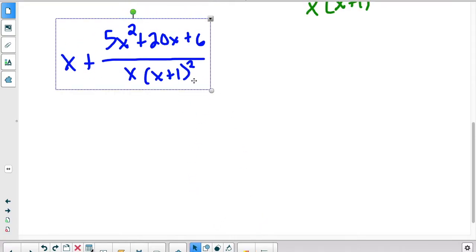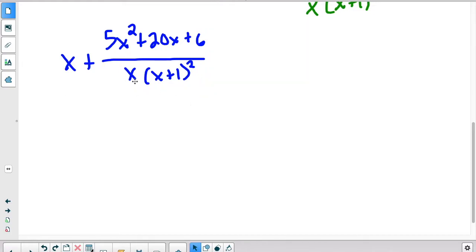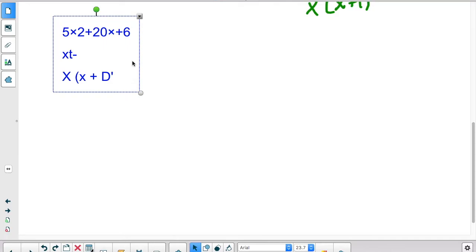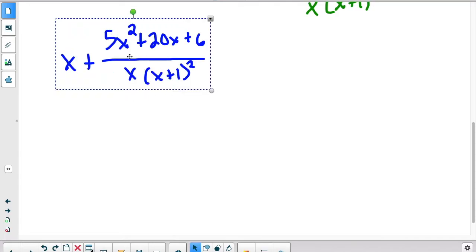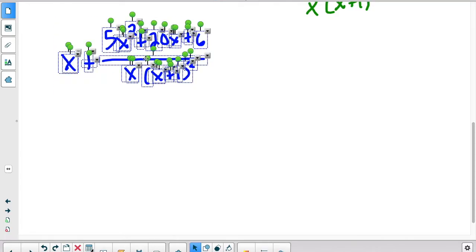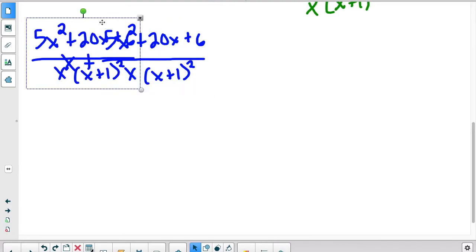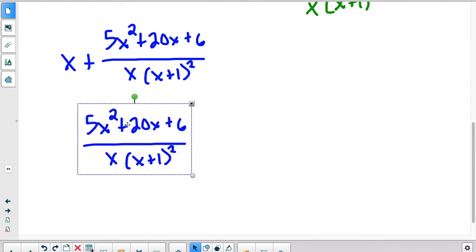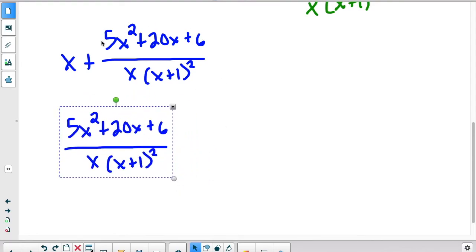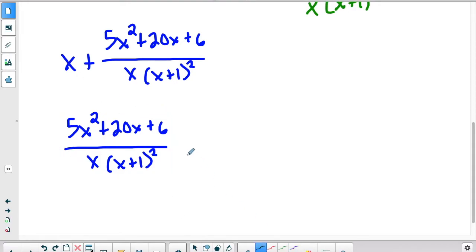The only thing we're really looking at out of this entire thing is this part here. I'm going to use the magic of copy and paste to bring this down. When we plug back a, b, and c, we're going to add the x back to it, but we just want to find the partial fraction decomposition of this part here.